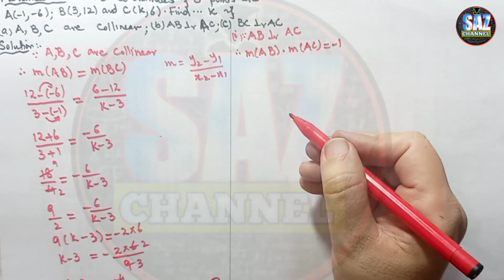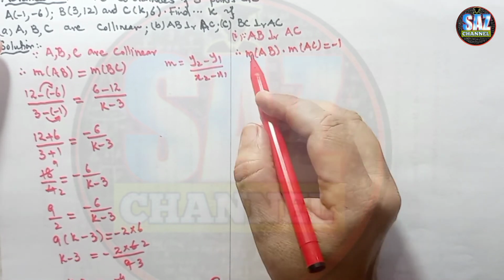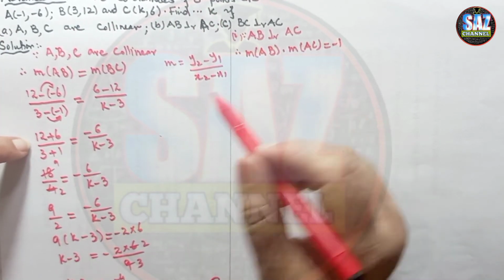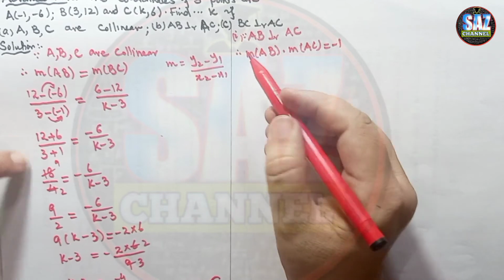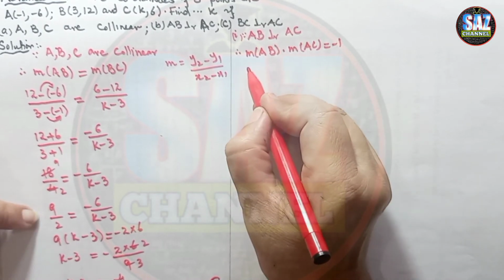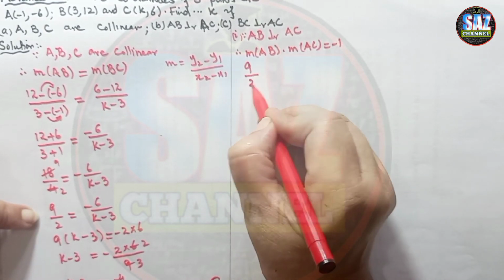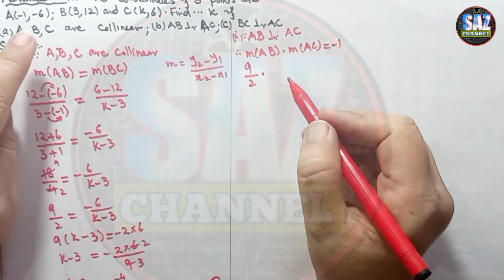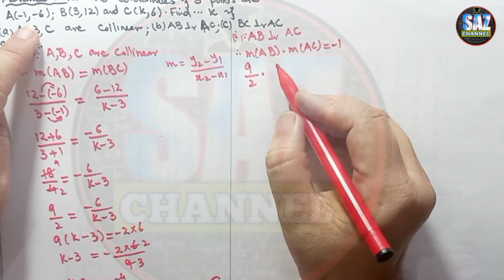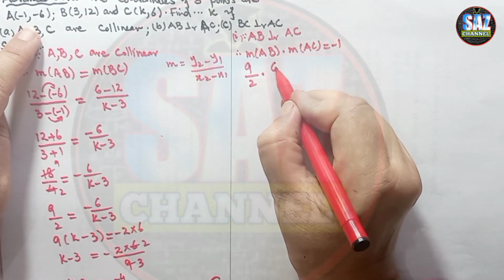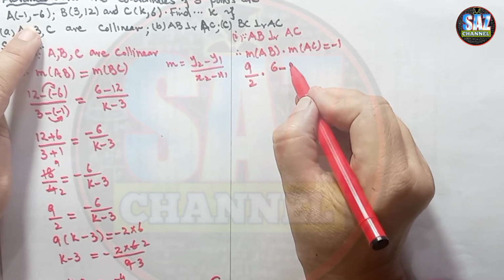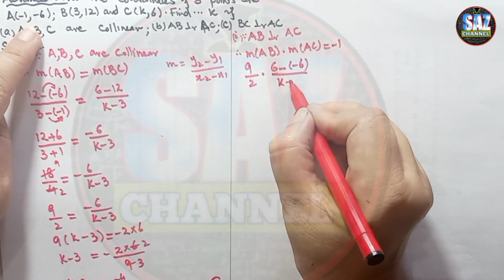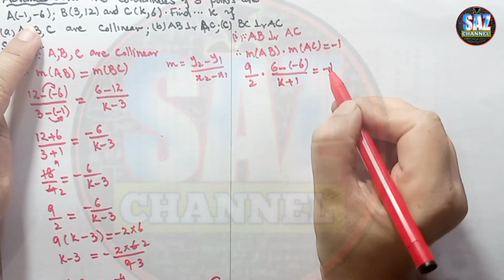Now gradient AB is 12 minus 6, which gives me 18, over 3 plus 1, which is equal to 18 by 4 or 9 by 2, and for gradient AC, I take the gradient of A and C, that is 6 minus (minus 6) upon K plus 1, equals minus 1.